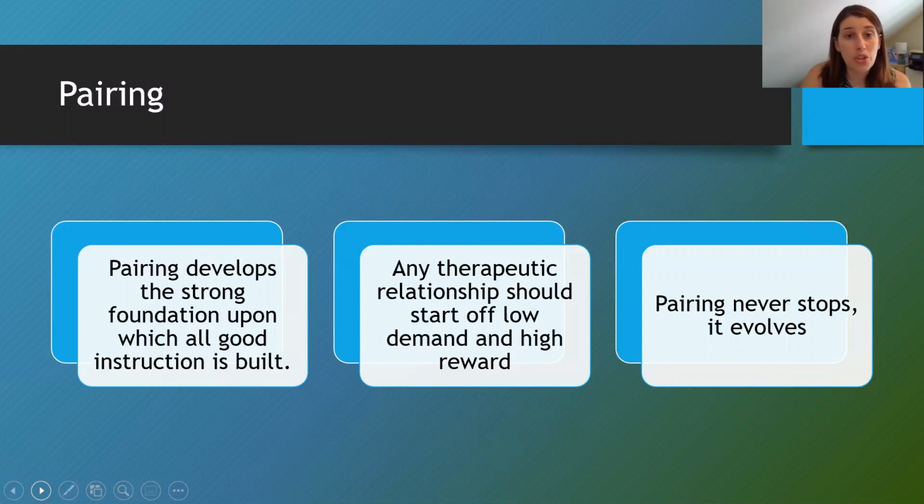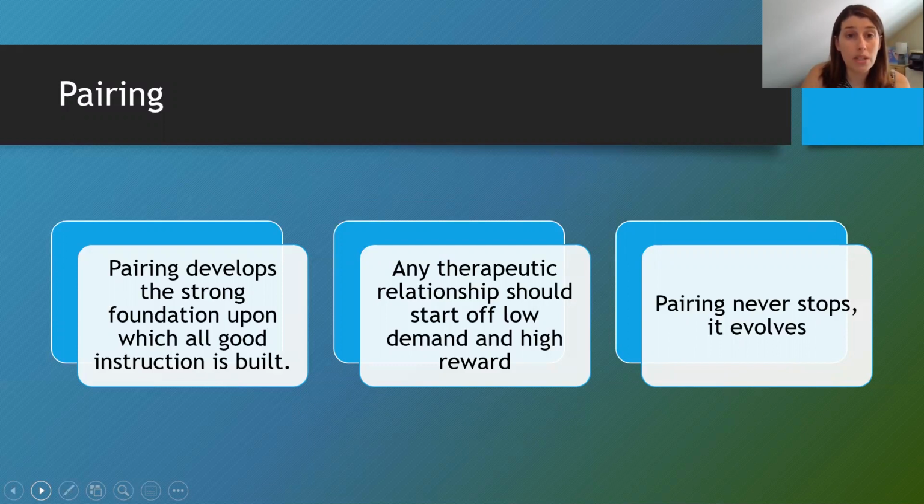The therapeutic relationships should start off low demand and high reward, meaning we're not going to expect on the first day of school, probably not for the first few or several weeks of school, that we're working on high demand activities.